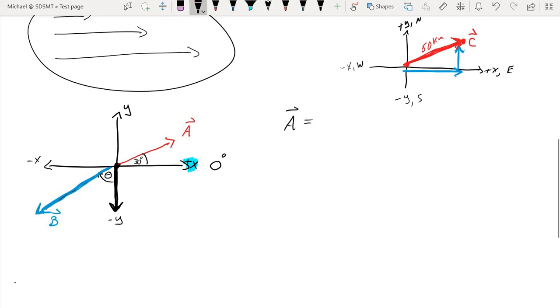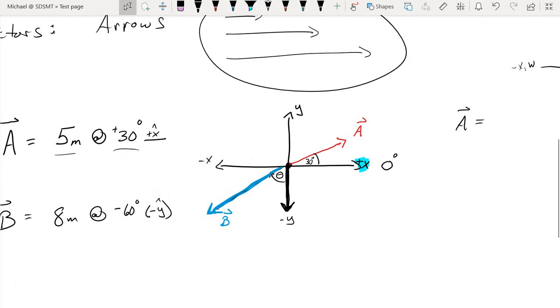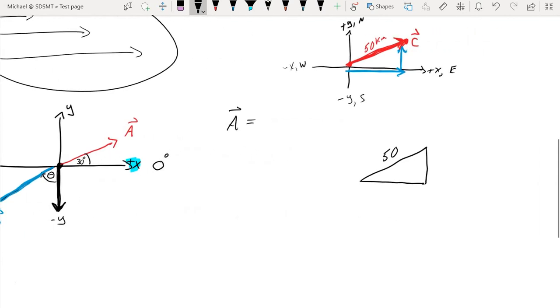Vector C is now the hypotenuse of a right triangle, and I know that that hypotenuse has a value of 50. The only thing that I need now is one other piece of information about this right triangle. And since we're starting with the idea that we're going to be using magnitude and direction, let's go ahead and throw a direction in here. We'll say theta is 30 degrees.